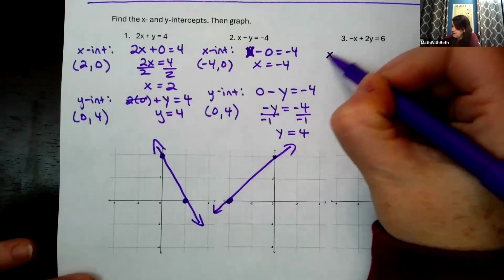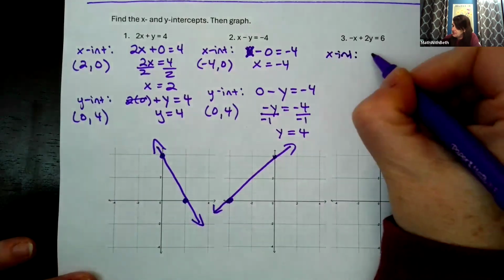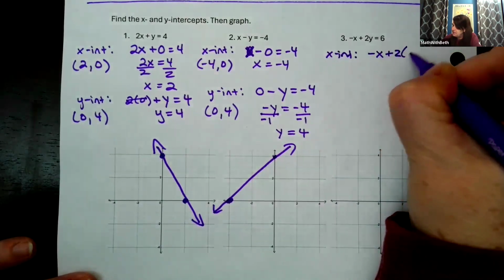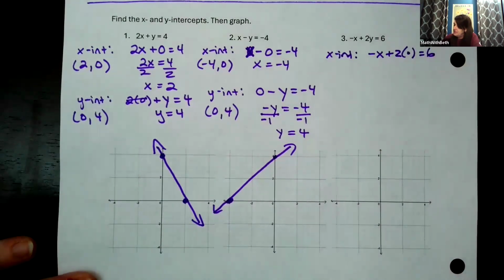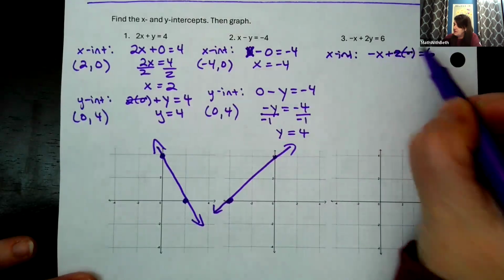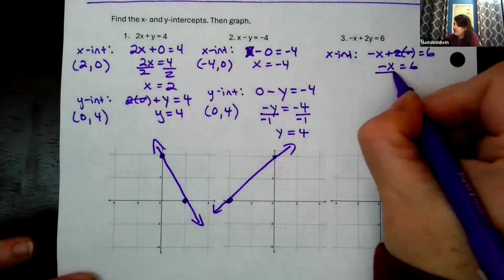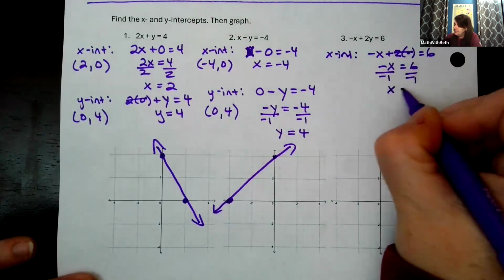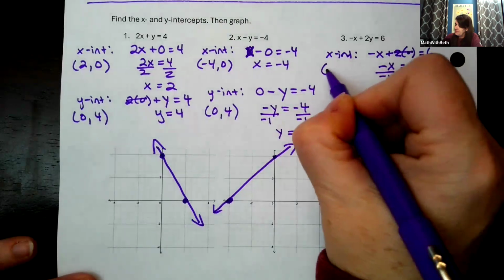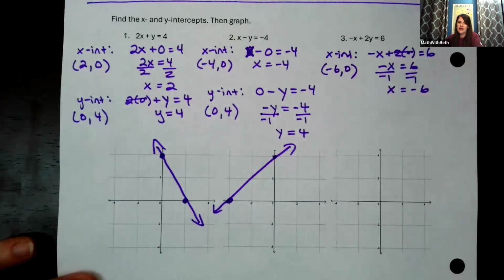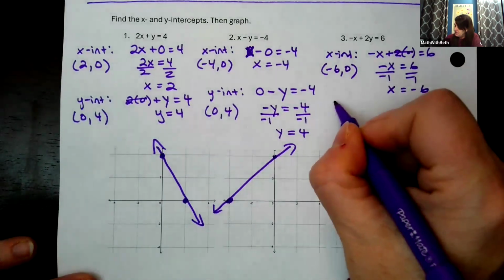So again, if I wanted to find the x-intercept, keeping the x, plugging in 0 for the y, 2 times 0 is 0, so I really am here now, but I need to get rid of the negative. So there's my x-intercept.